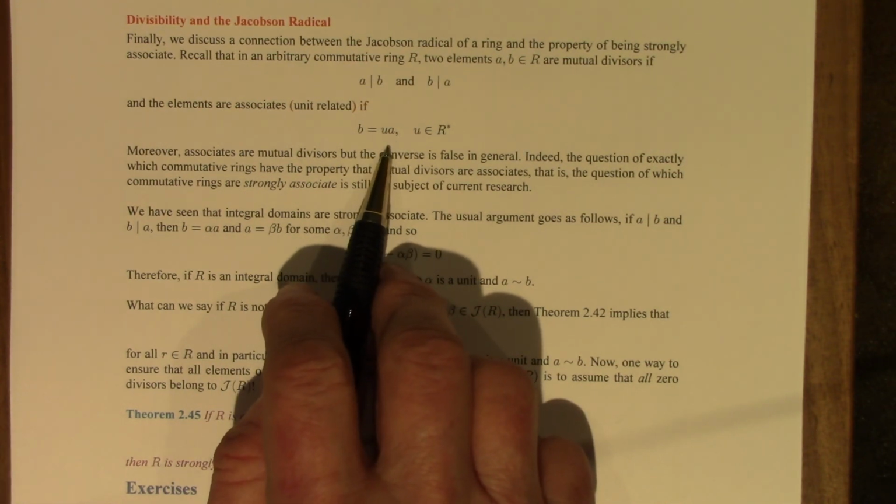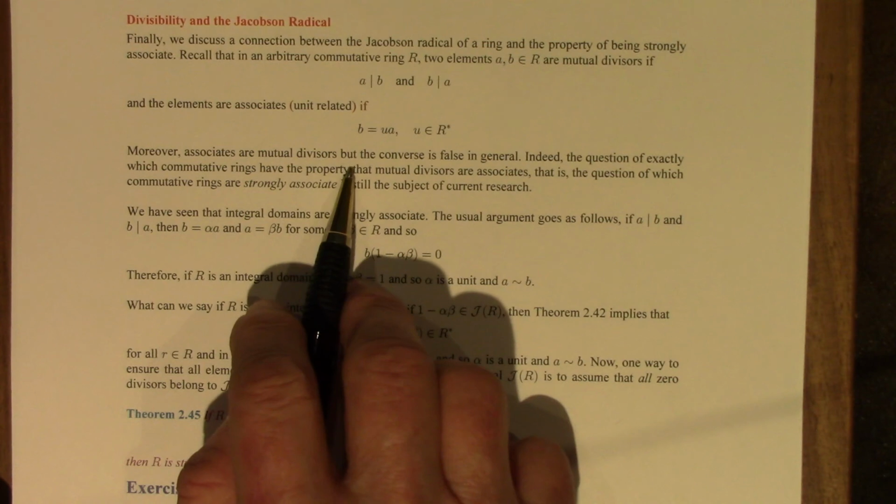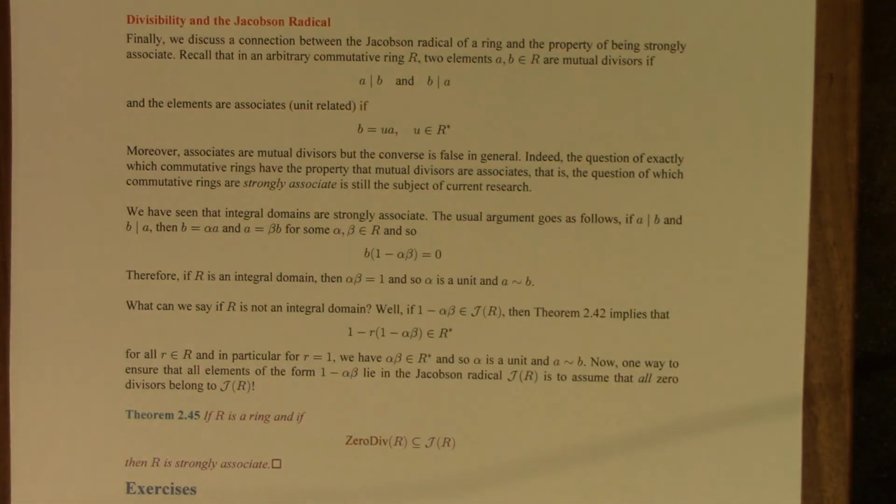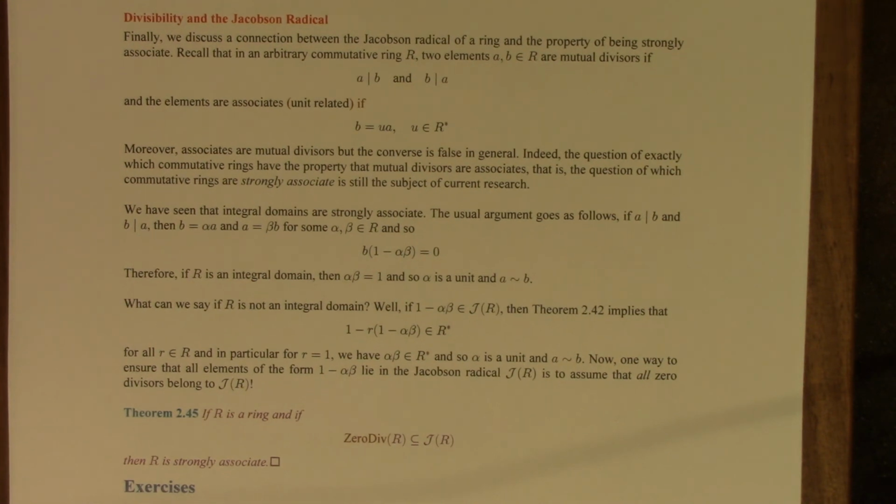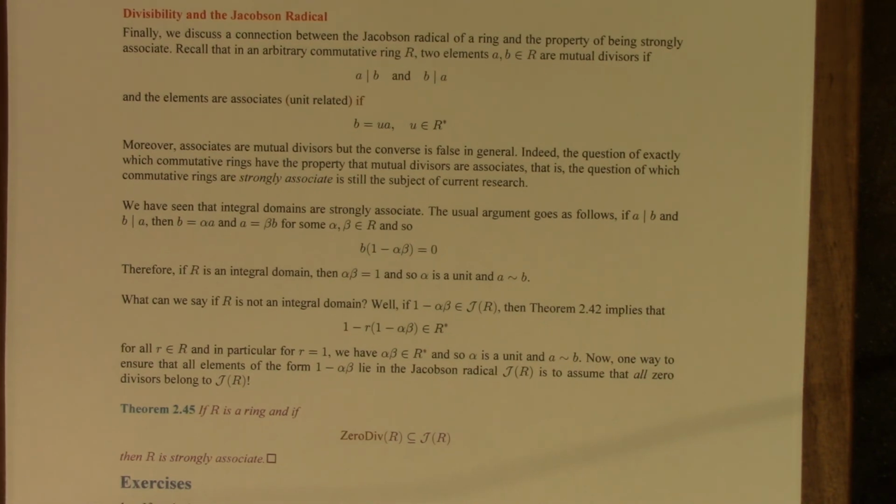We've discussed the fact that associates are mutual divisors, but the converse is false in general. In fact, the question of exactly which commutative rings have the property that mutual divisors are associates, in other words, which commutative rings are strongly associate, is still a subject of current research.